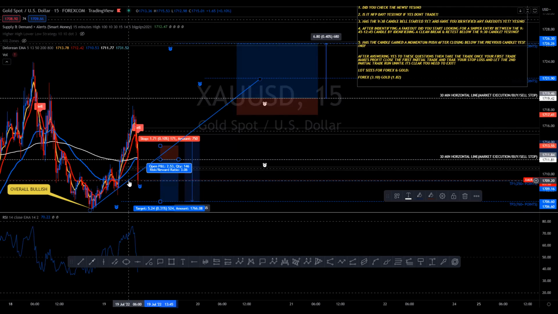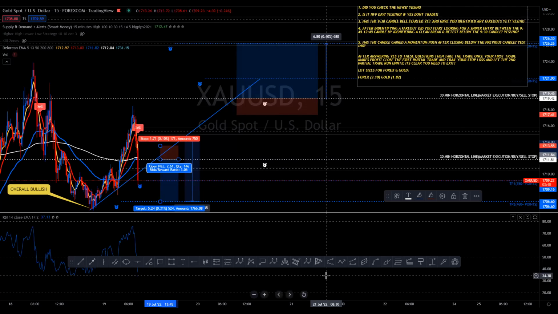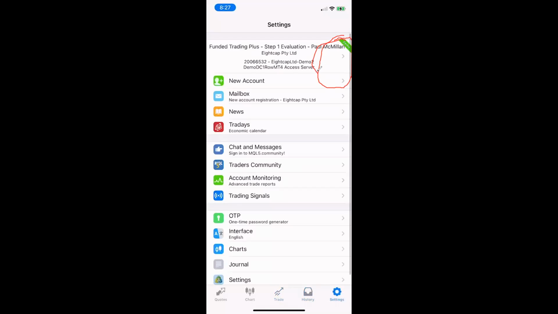Gold really drops. So let me go ahead and share my phone screen. Hold on for a second, guys. So as you can see, made another $270. This is in my evaluation account for Funded Trading Plus.